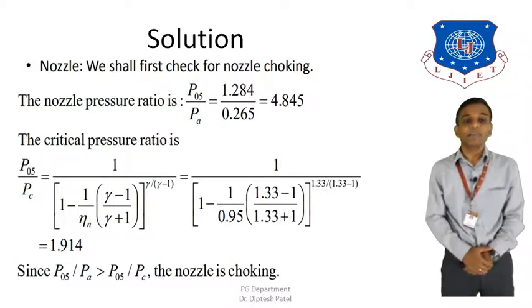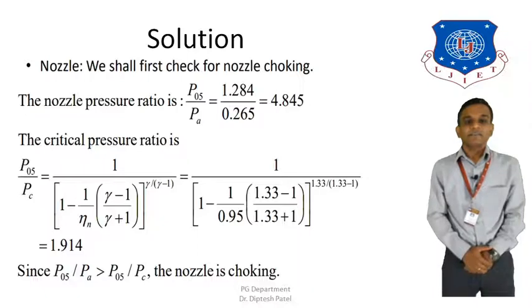Now then after, let's find out the critical pressure ratio. So PO5 divided by PC is equal to 1 upon 1 minus 1 upon eta n, which is the efficiency of nozzle, inside the bracket gamma minus 1 upon gamma plus 1, raised to gamma upon gamma minus 1.